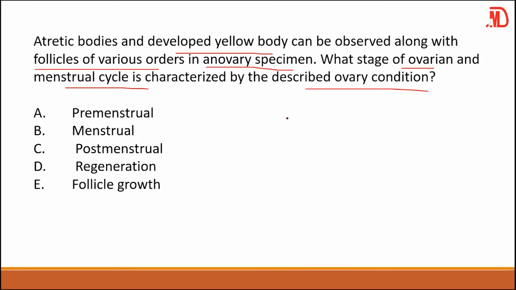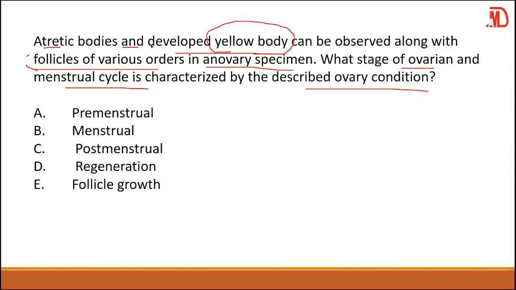Now, they are saying that there is a problem. A yellow body can be observed along the follicles. You must also understand what a follicular atresia is. Follicular atresia is simply the breakdown of the ovarian follicles. So if those areas are having problems, what happens?